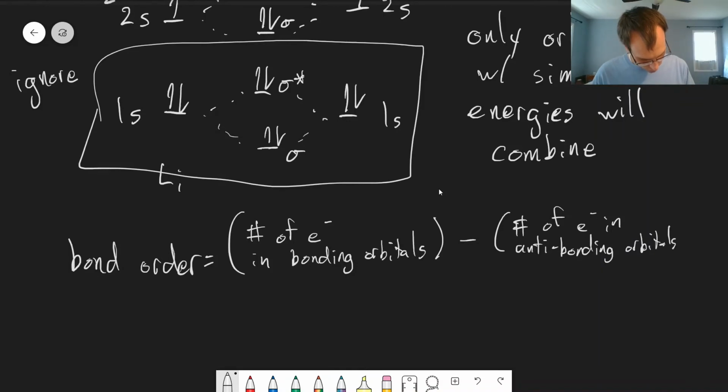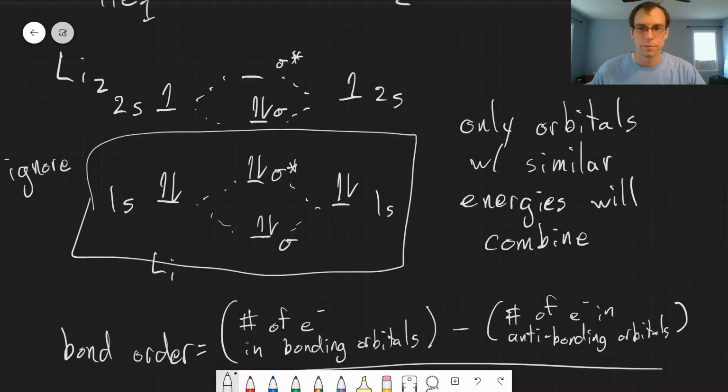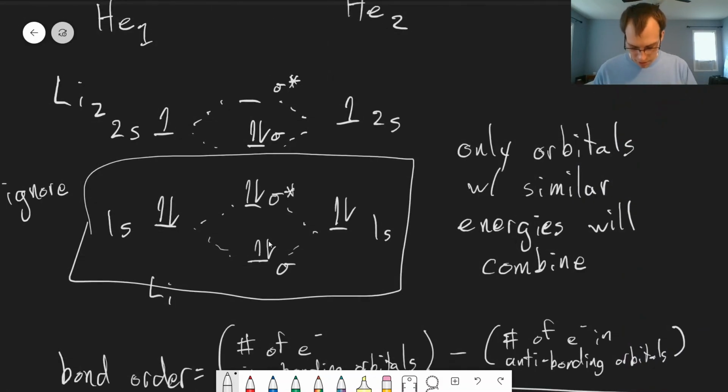Basically you're looking at the net number of electrons in bonding orbitals, and antibonding orbitals count against your amount of bonding in your molecule, and then we divide this by 2. So if we come back up to our lithium dimer, everything down here in the 1s, we have our bonding and antibonding electrons cancel each other out, so they don't contribute, and that's why I said we ignore that.